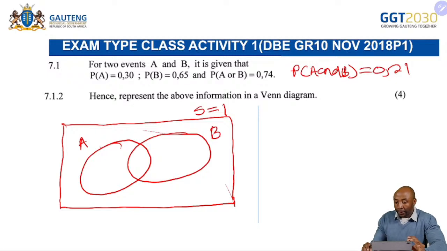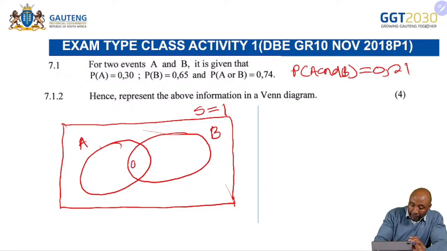And remember, whenever you are filling in information from the Venn diagram, for you to be accurate, always start filling in information from the intersection. In this case, our intersection, the probability is 0.21.